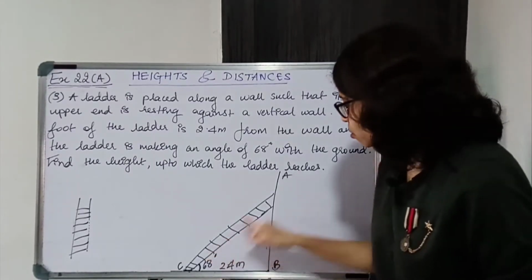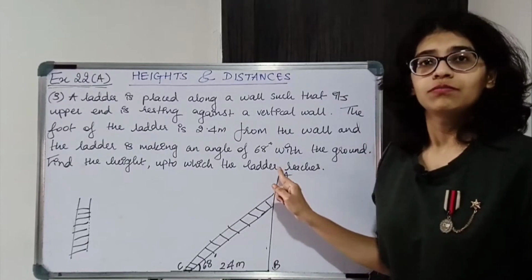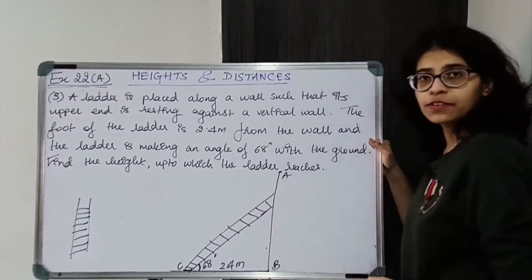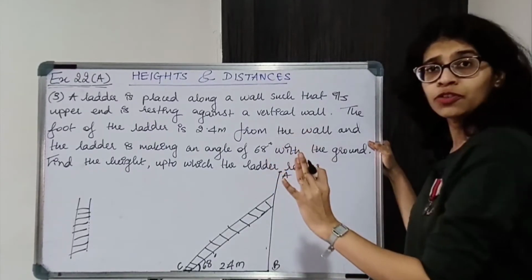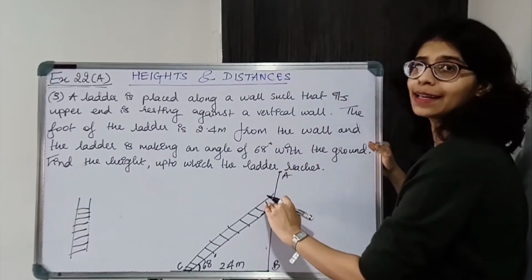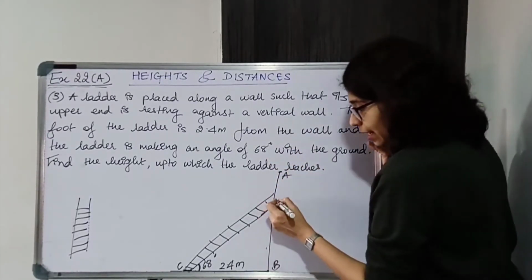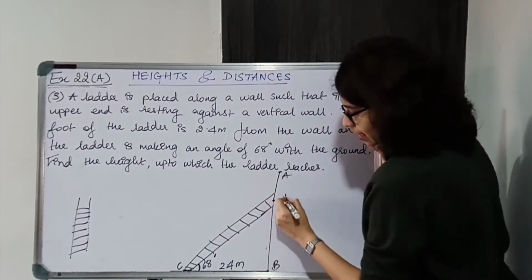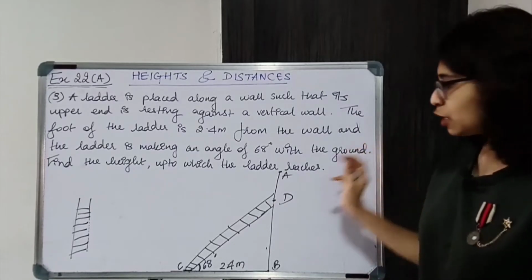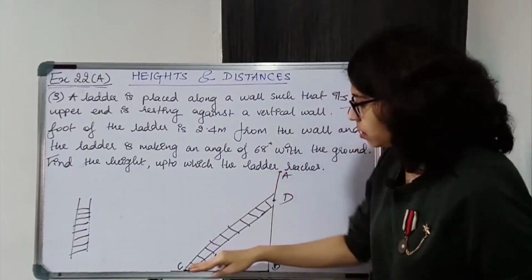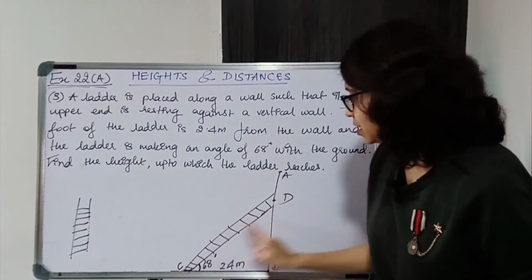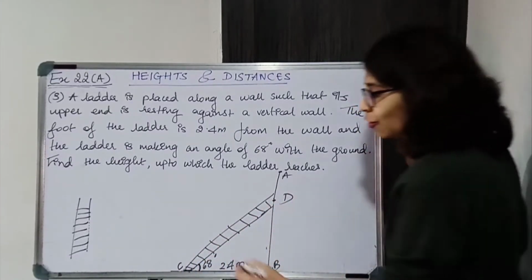Now the ladder is not reaching the top of the wall, okay, the top of the wall is A. This is the top of the wall. It is not reaching the top of the wall, it is reaching up to a certain height. So let it reach up to a point, let's say D. Alright, so AB is the wall, C is the point where the ladder touches the ground, and CD is the length of the ladder.